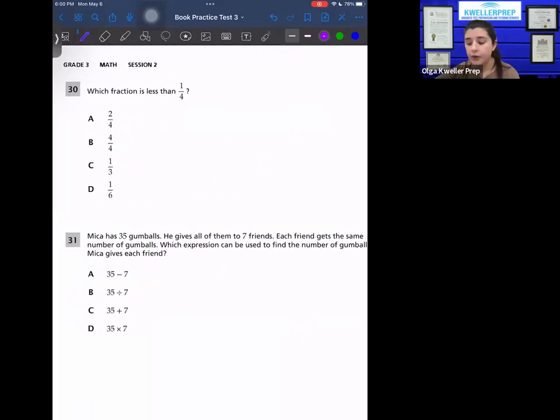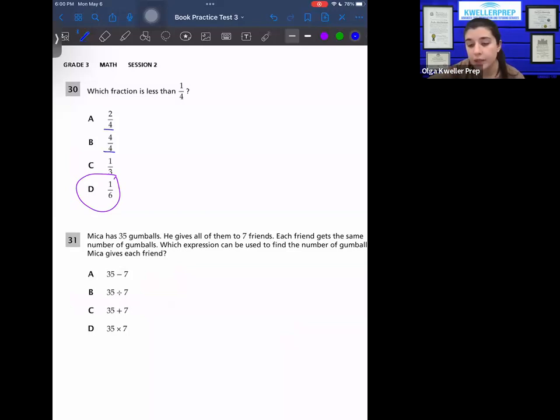Okay, next one. Which fraction is less than 1/4? Great, absolutely. 1/6, really good. So we can obviously see that 2/4 and 4/4 are equal. So there's a few rules I want to review with you guys.